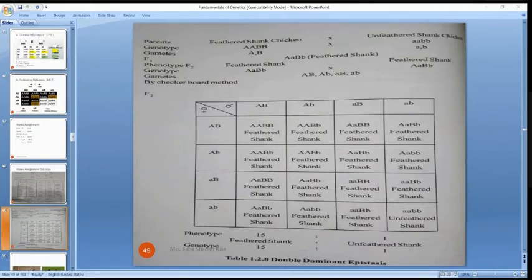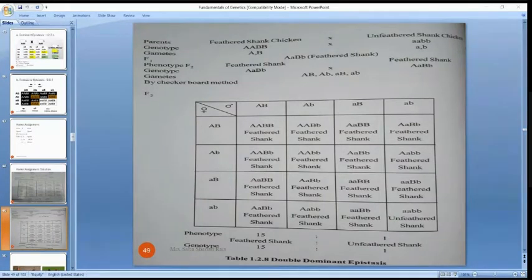In the previous case, one gene, capital A, was dominant and epistatic to the other gene. But in the case of the double dominant, if both genes are present, they are going to express a single trait.